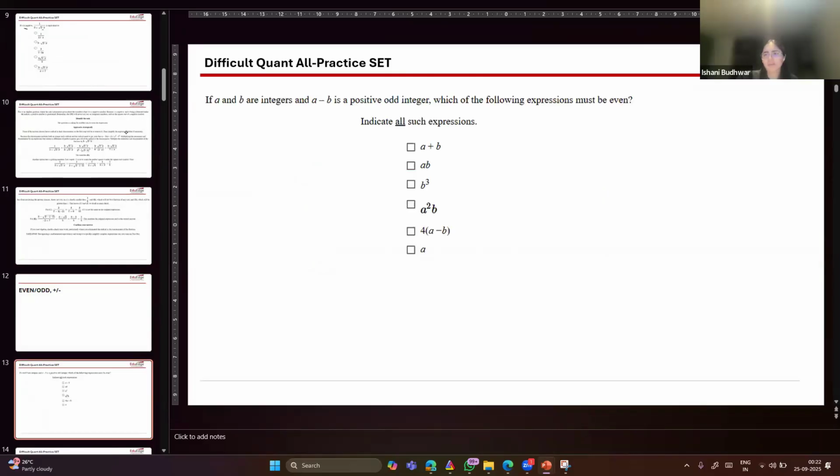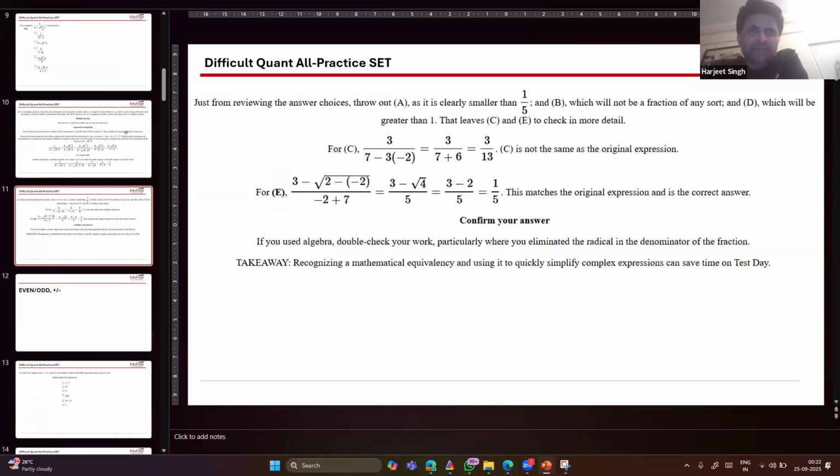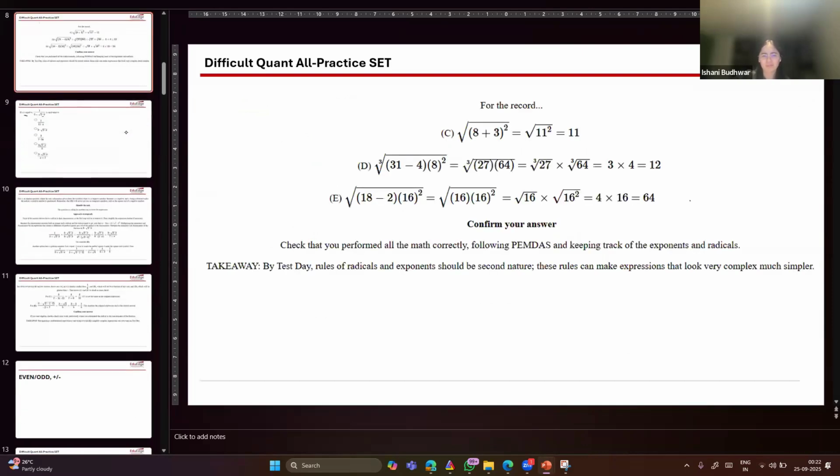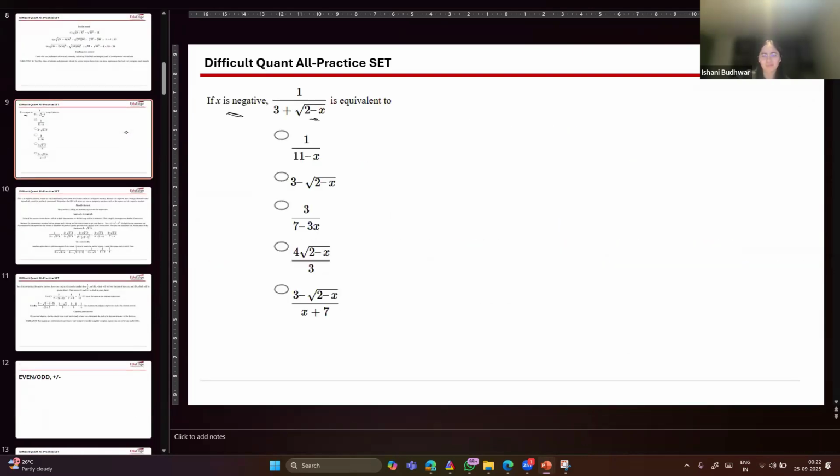Sorry, one question. For the previous question, you said don't solve it. Is there a faster way to do this?